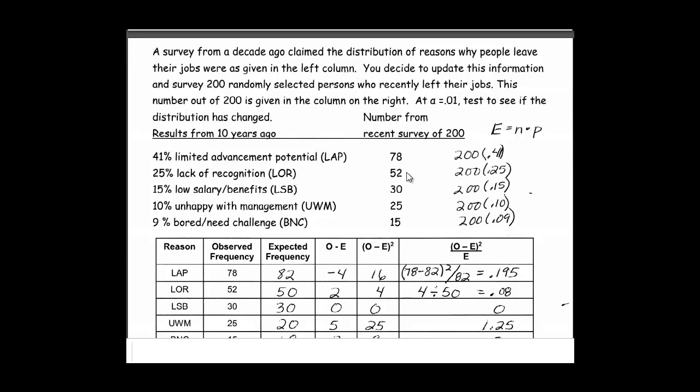Okay, so when we're calculating our expected outcomes, they are going to be different based on these percentages over here from our past. So we would expect that our outcome would be the same as it was before. That's what we're testing. So when we do our expected value, we're going to take 200 times these probabilities from the past to get our expected value.